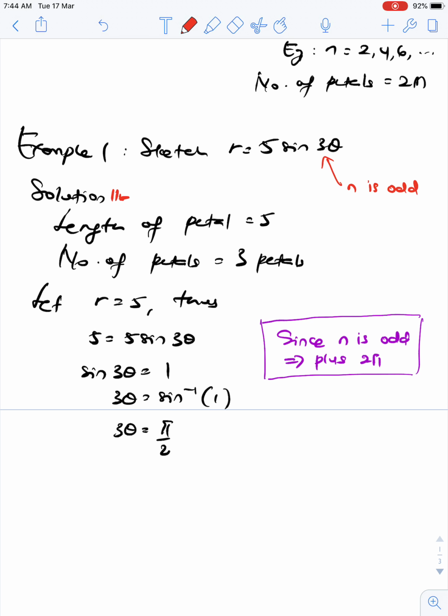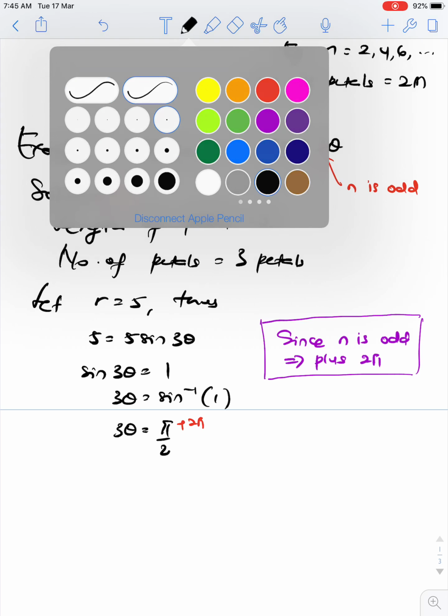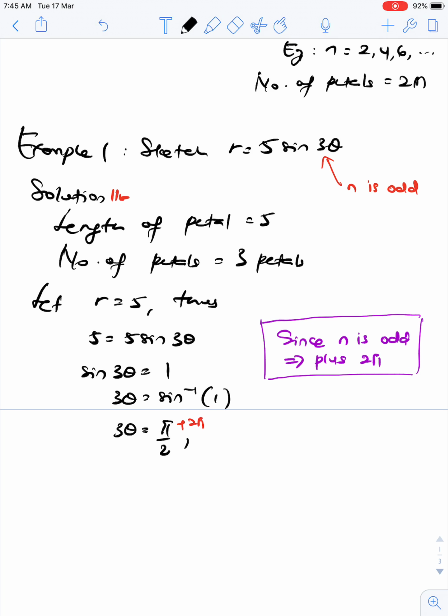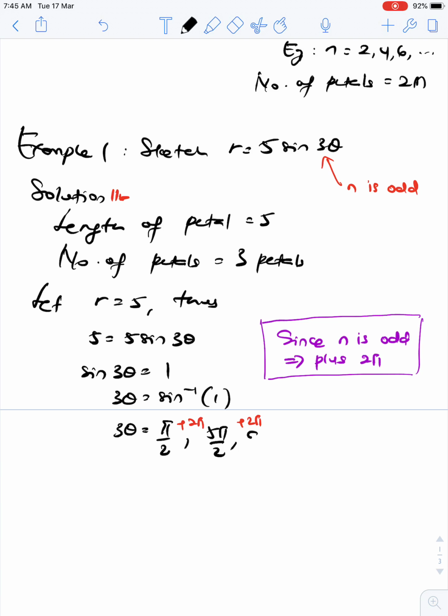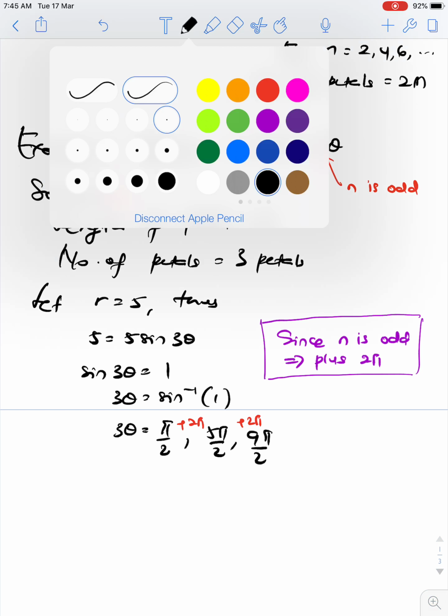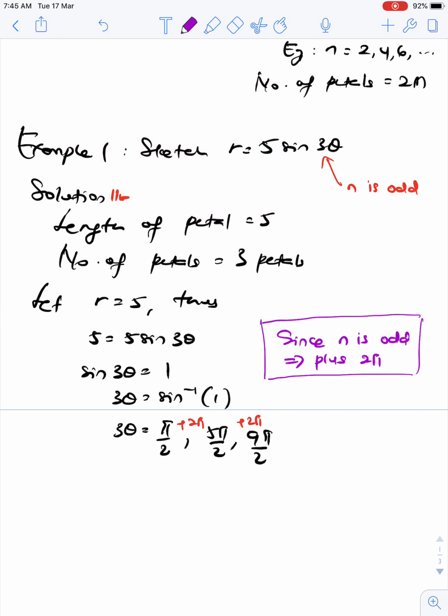This is the first angle, and for the second angle we add 2 pi. So pi over 2 plus 2 pi is 5 pi over 2, and then plus 2 pi again, you should get 9 pi over 2. Because n is odd, that's why we need to add 2 pi.